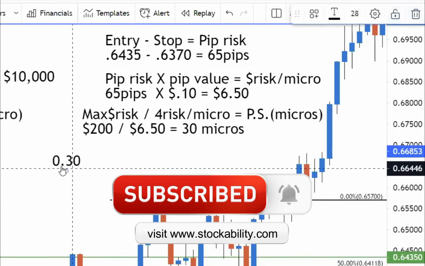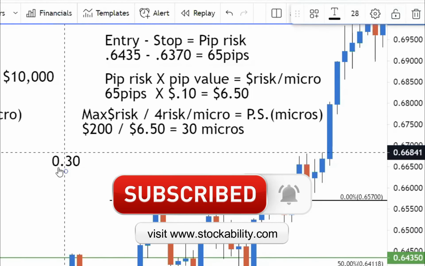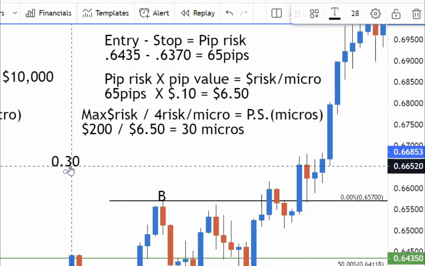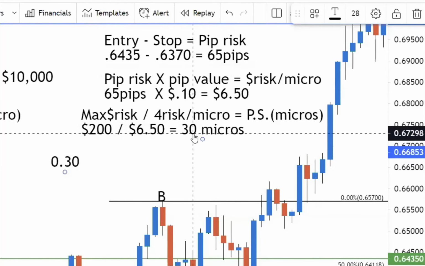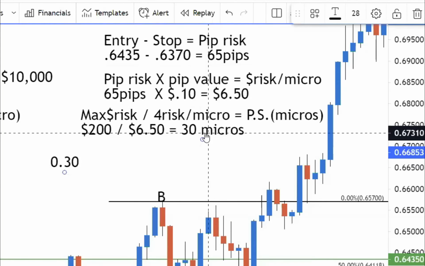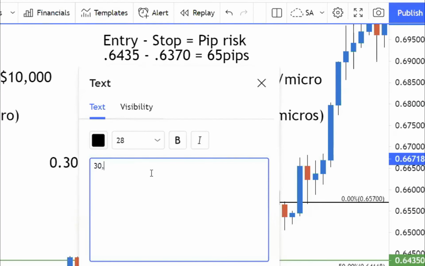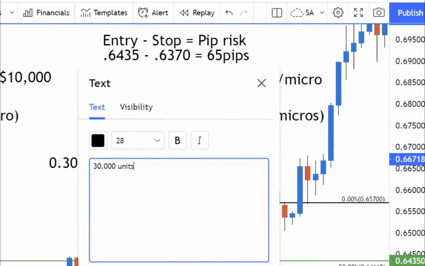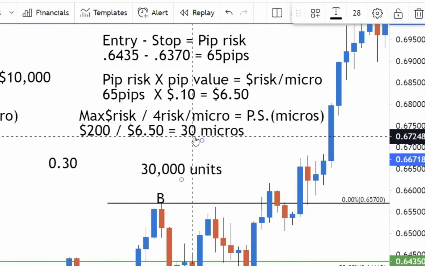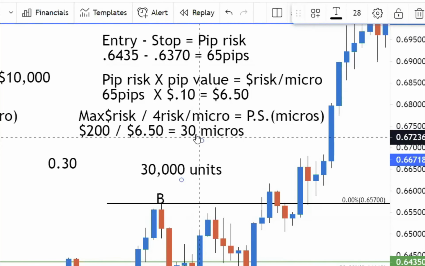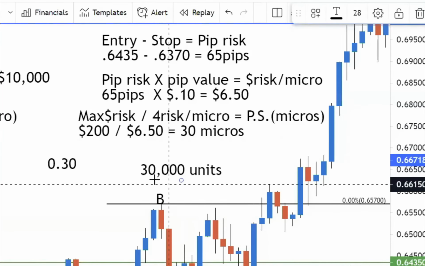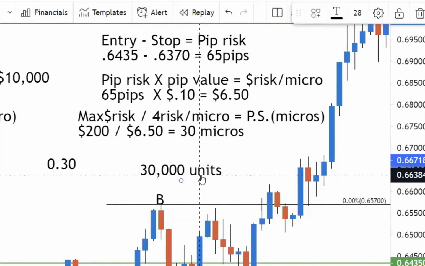And that 0.30 would just represent basically a third of a standard, which is about what we're looking at here. And then if you were using Oanda, they would just have you put in the units, as we figured out before. 30 micros times 1,000 units would get you those 30,000 units.